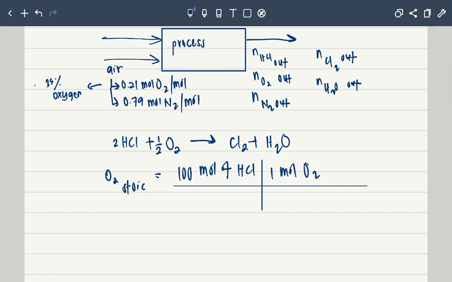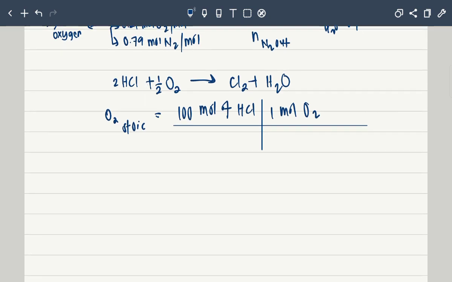Mana dapat 1 mol of O2 ni? Okay, so 1/2. Bukan 1 ya, 1/2. Mesti korang pelik kan, kenapa aku tulis 1 ni, 1/2 per dengan 2 mol of HCl, and then you get the answer.